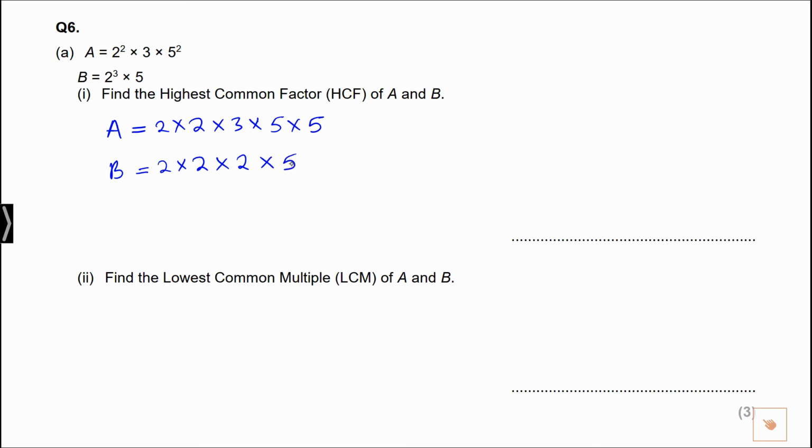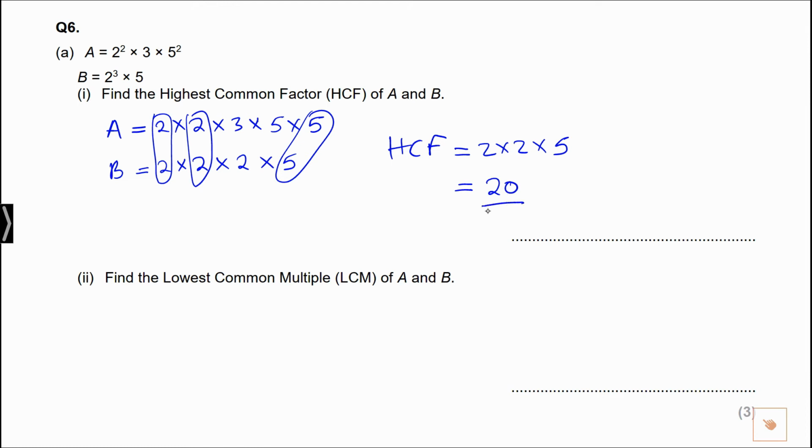Highest common factor is basically the highest number that goes into both of the numbers. So the strategy here is to pair these numbers to find what is in common. So the highest common factor will be equal to 2 multiplied by 2 multiplied by 5, which is equal to 20.